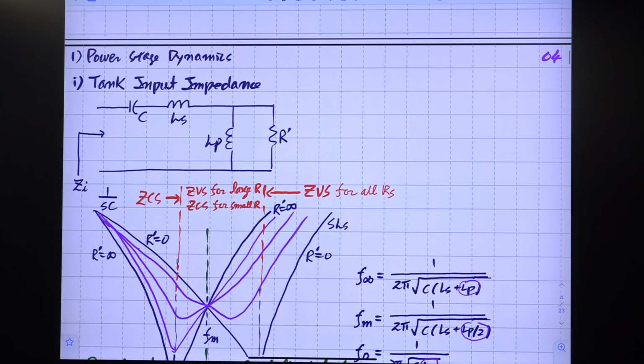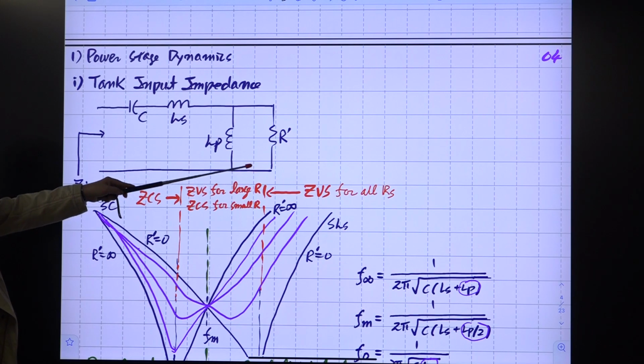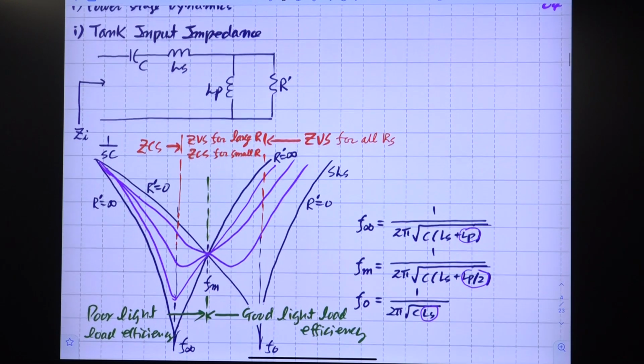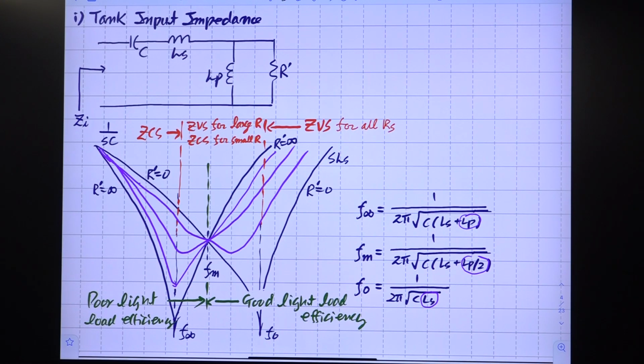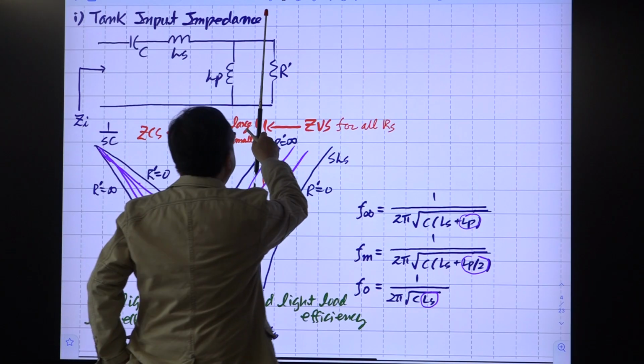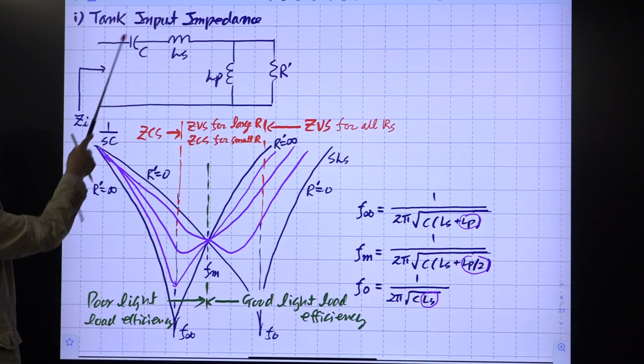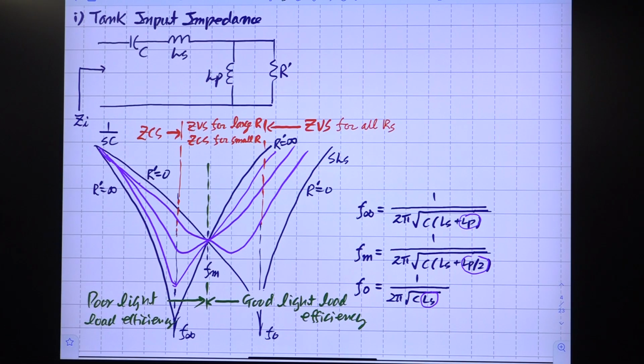Then it becomes the power stage dynamics of this resonant inverter. So here we have this Cs, Ls, Lp in parallel with R prime, which is R divided by N squared. So with this, take a look at the GI characteristics. We went through this several times, so it is very easy. The first one is GI infinity with this output port open. Then this input impedance is just the series connection of 3 components.